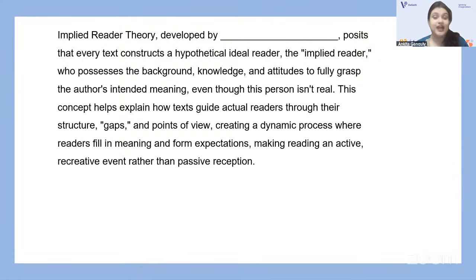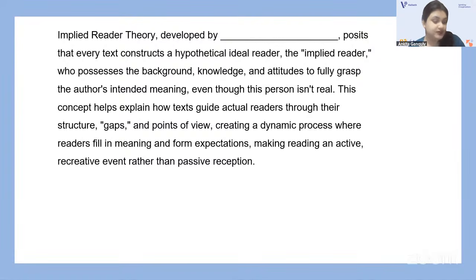This concept helps us explain how texts guide actual readers through their structure, gaps, and points of view, creating a dynamic process where readers fill in meaning and form expectations, making reading an active, recreative event rather than passive reception.